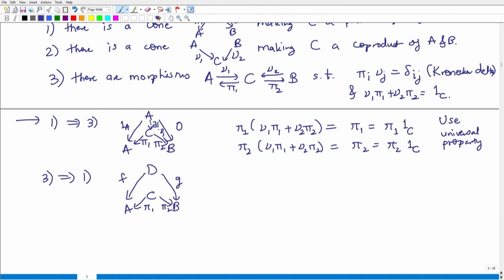I need to find a factorization in between. Can anybody suggest what that factorization would be? No, we are trying to prove that there exists a factorization and it is unique.